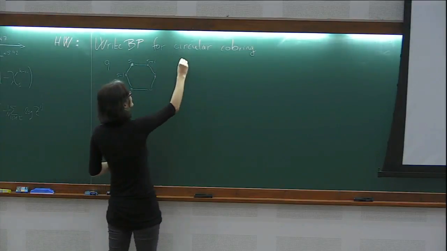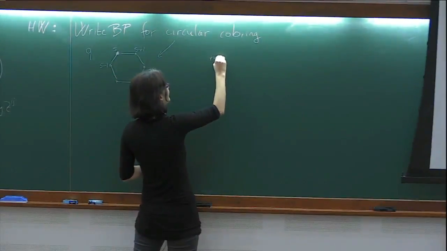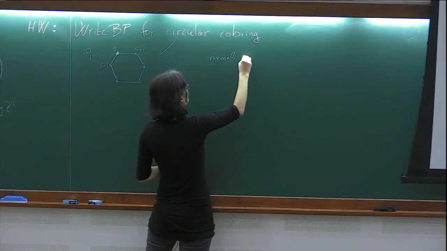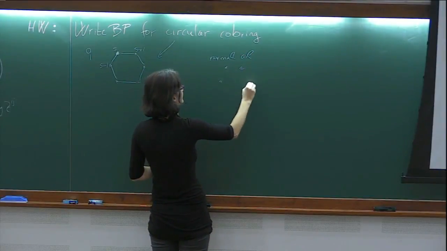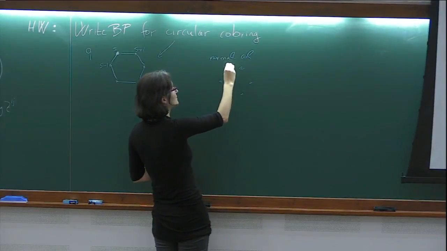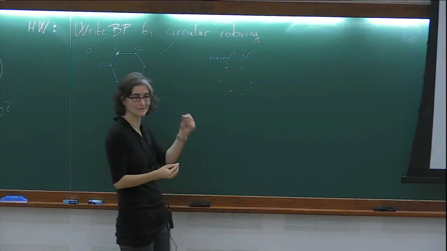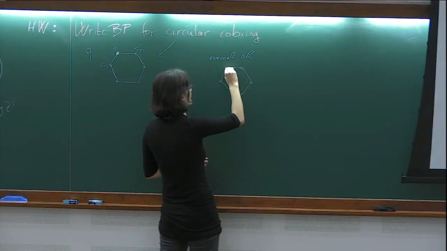And so this would be the circular coloring, and in this representation, the normal coloring would be, okay, I said I have 6 colors here. This would not be allowed, no self loops, because a given color cannot be next to itself, but otherwise it would be a complete graph, right?